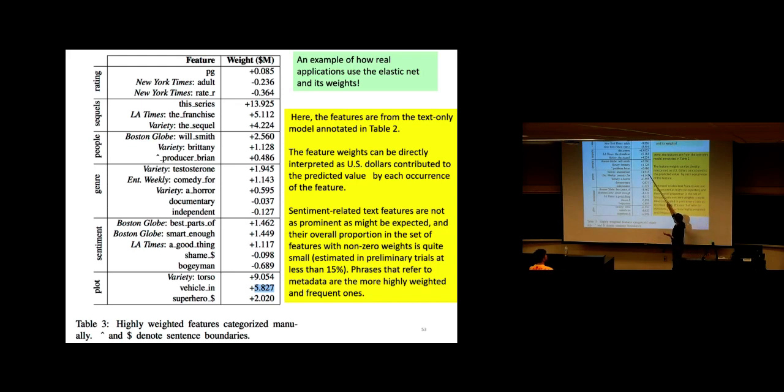And then they analyze whether the weights learned correlate well with our domain knowledge of the priors. For example, we always think sentiment-related text features should be very good features to predict the revenue, right? Because those are sentiment related features.